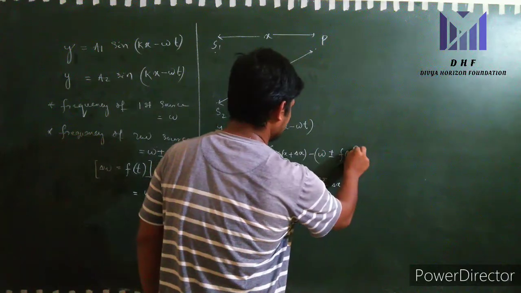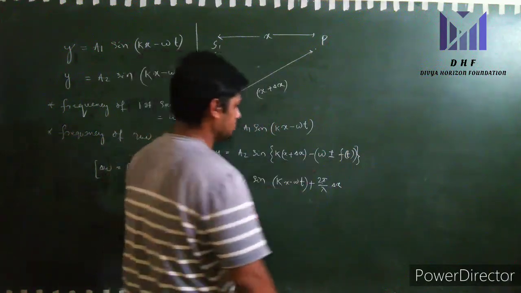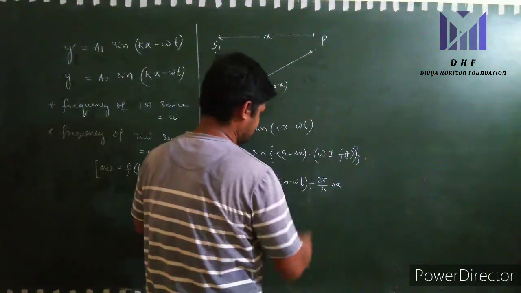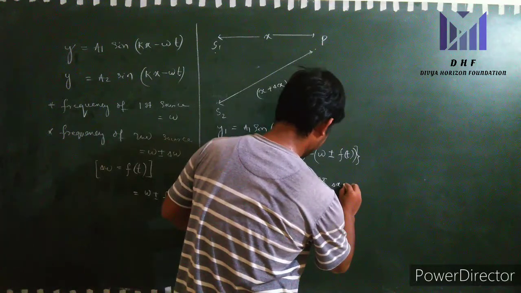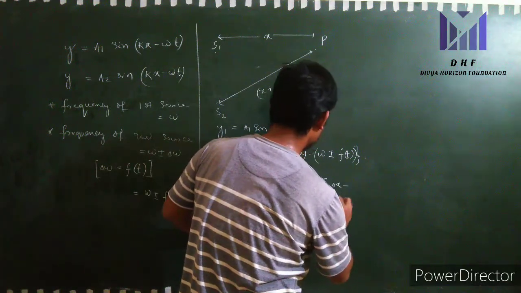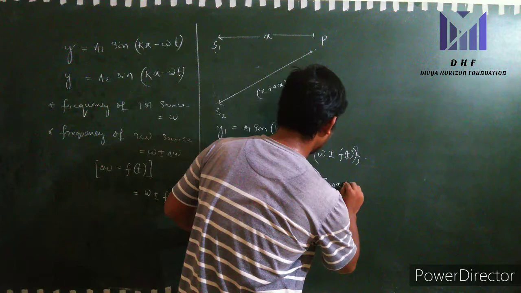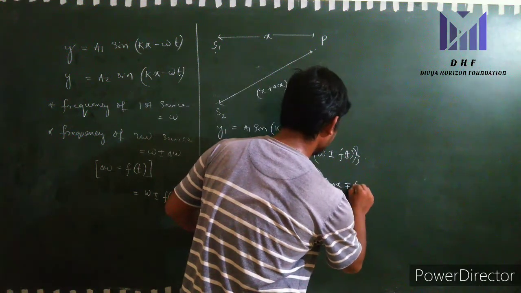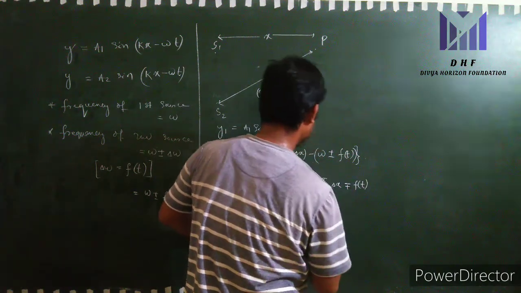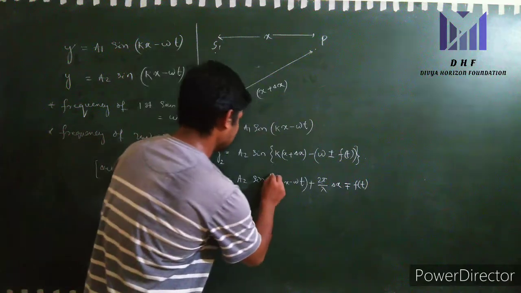Here this is minus, so minus will be plus and minus plus will be minus, or minus plus f of t.